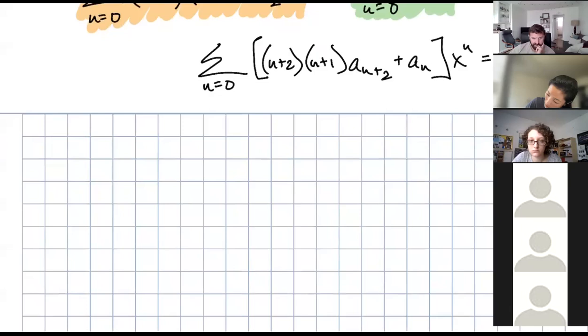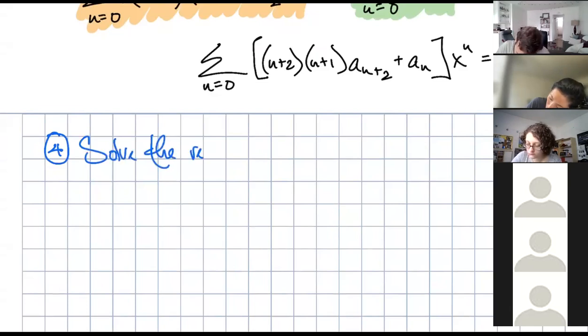Sorry. All right. So step 4. Okay. We're going to solve the recurrence relation.